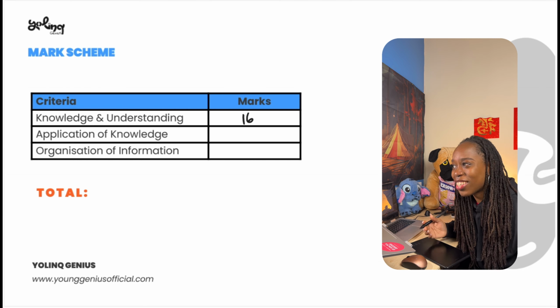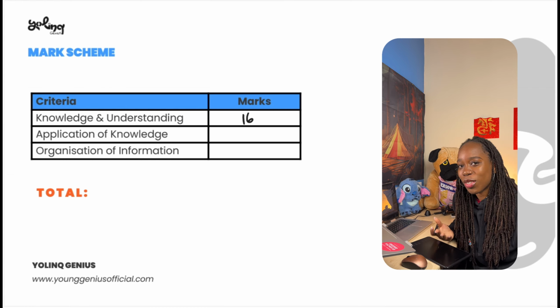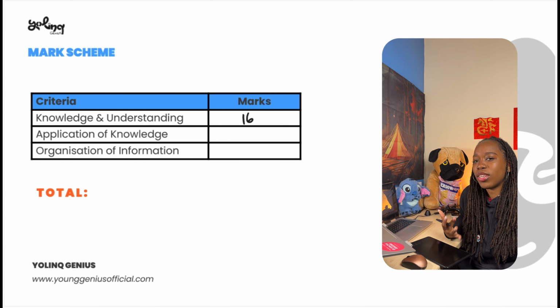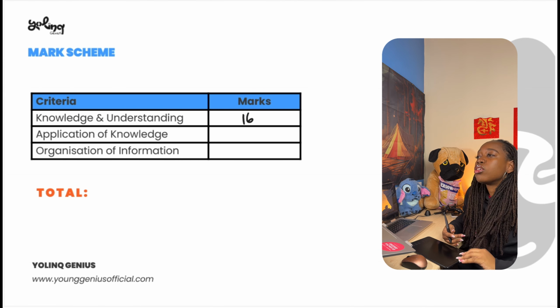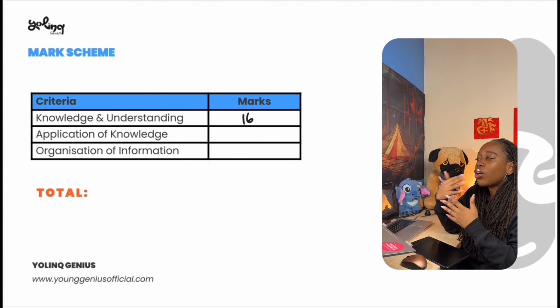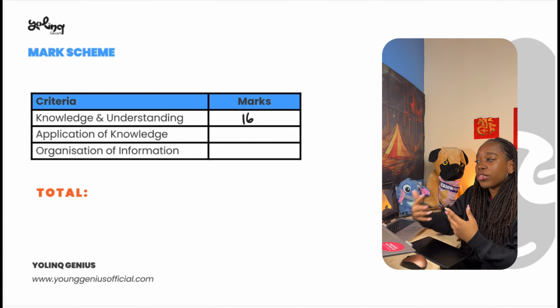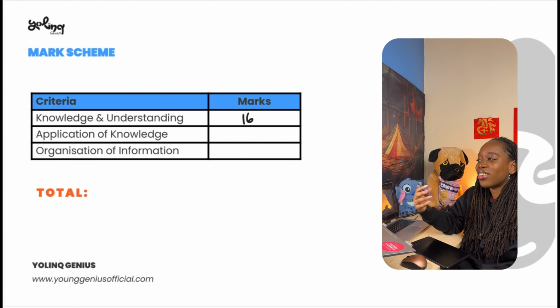Usually you do this in class. I don't know how they do it at your school, but usually we did it in class. We read the text and we just discussed some points, like themes and stuff, as it relates to whichever theme is taken from the book. So it's basically how well you understand what you've read in Spanish, right? And if you understand what's happening in the story and what everything means. So that's what knowledge and understanding is.